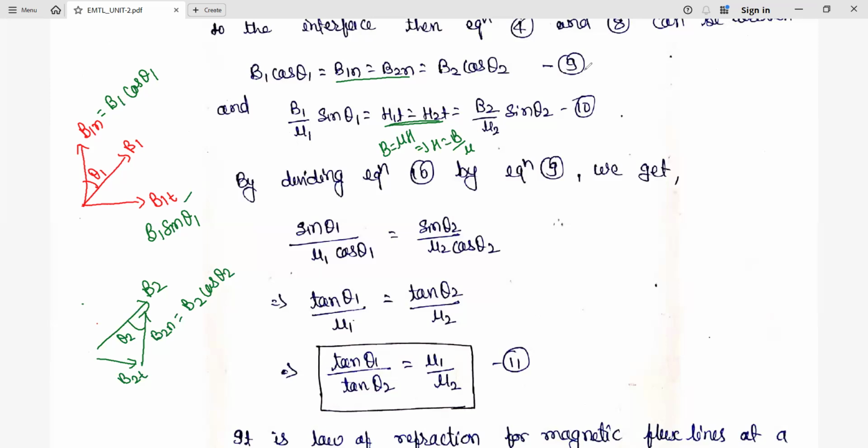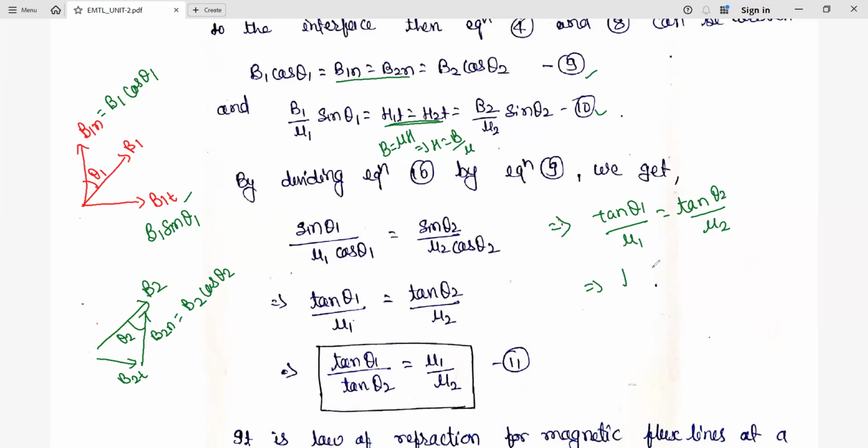Finally, now we are going to divide equation 9 and 10. So we have sin theta 1 by mu1 cos theta 1 equal to sin theta 2 divided by mu2 cos theta 2. Sine by cos is tan, so it will be written as tan theta 1 divided by mu1 equal to tan theta 2 divided by mu2. Now we'll rearrange this.